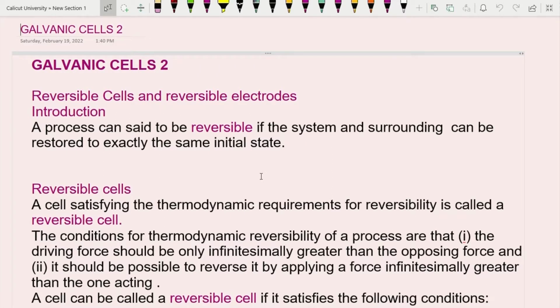Now, the condition for reversibility in thermodynamics is that the driving force which performs the action should only be infinitesimally greater than the opposing force, and also it should be possible to reverse this process by just applying a force slightly greater than the one acting on it.